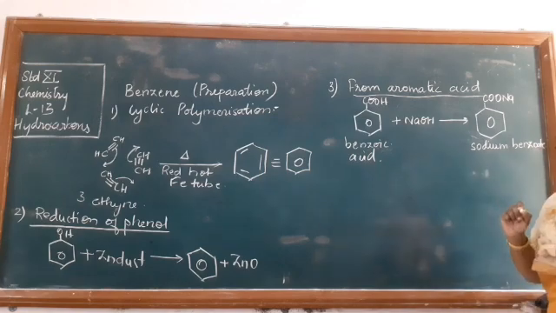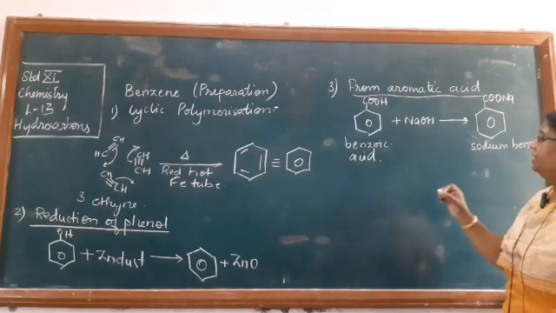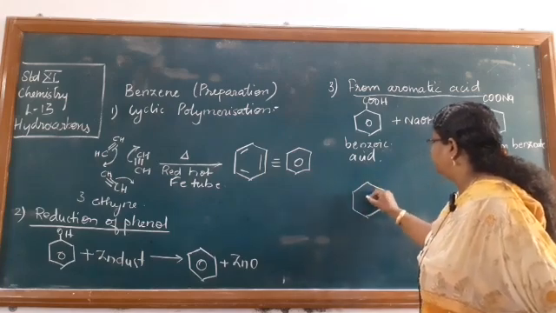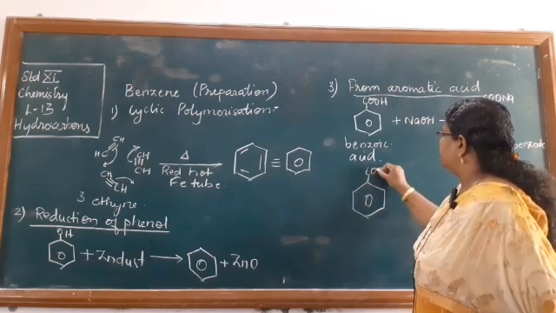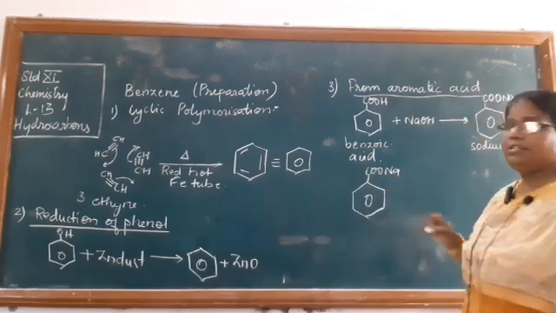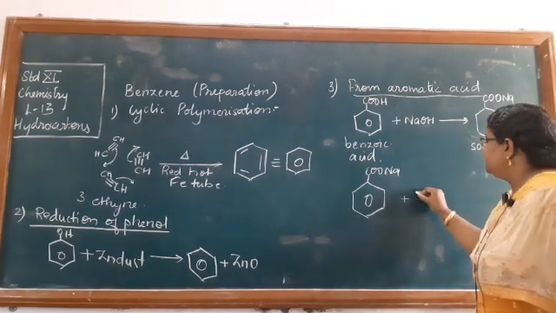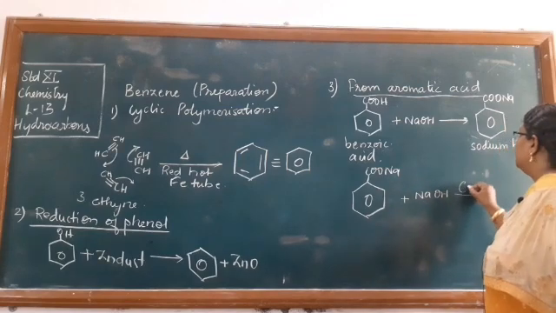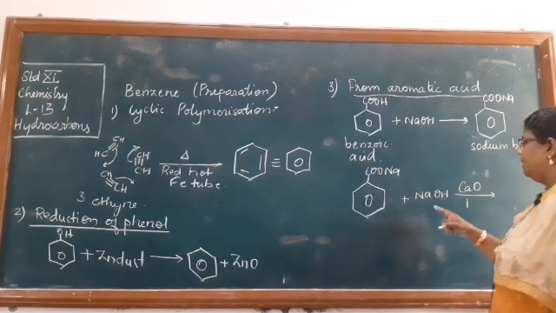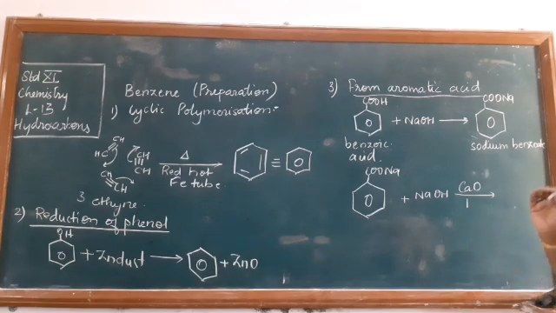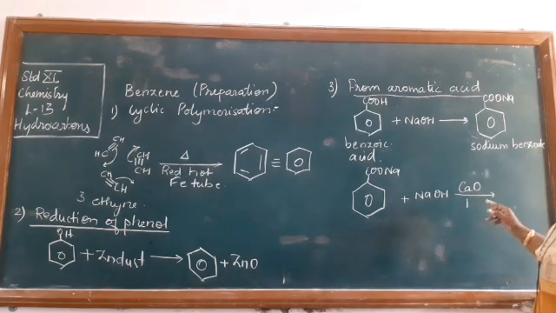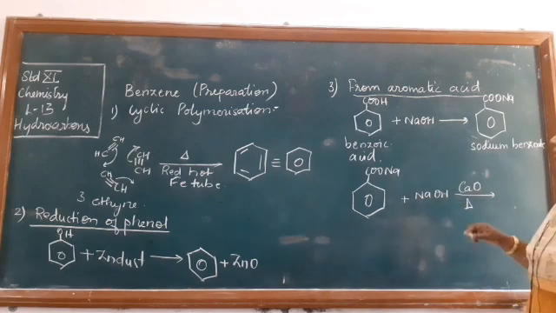Sodium benzoate, C6H5COONa, when you treat it with soda lime. Soda lime is actually a mixture of CaO and NaOH, taken in the ratio of 3:1, and you heat it. So what will happen?